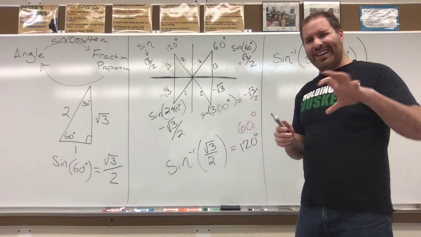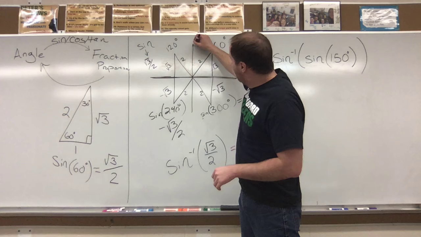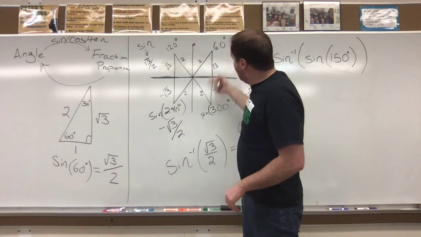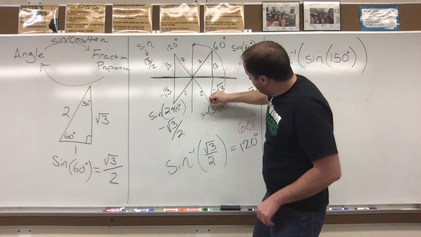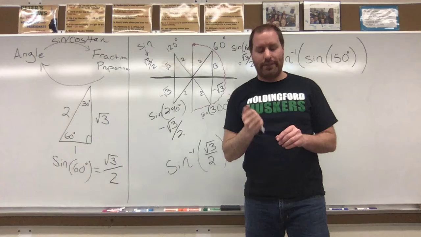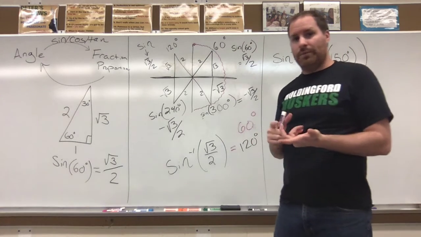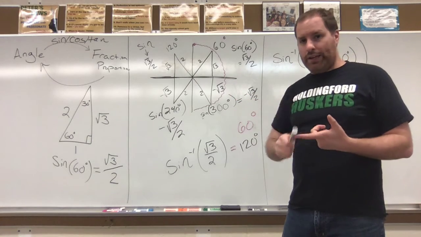For sine inverse, the limitation is that it can only give you answers from positive 90, which is up here, backwards and down to negative 90. That's the limitation on sine inverse. And in fact, it's also the limitation on tangent inverse. Again, I'm using sine as the example, but tangent inverse as well.